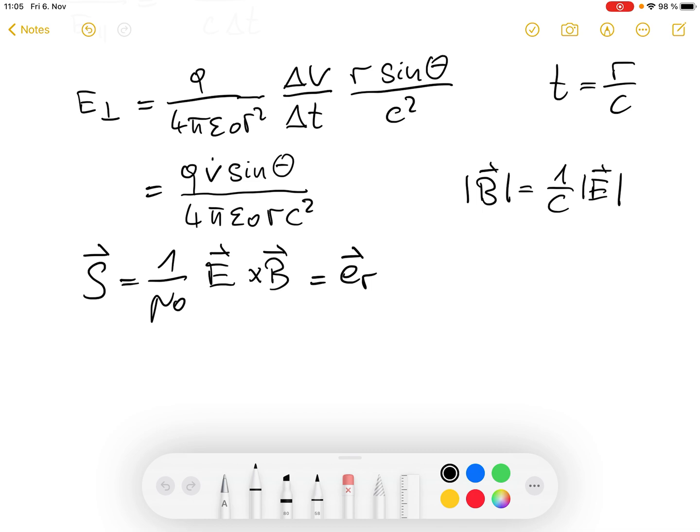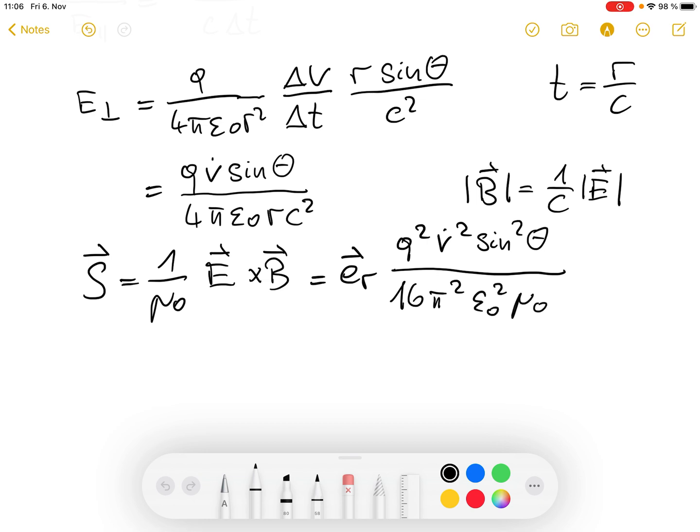We can now collect all the terms, and basically with a 1 over c we just need to square the E field that we're having here. So we take q squared v dot squared sine squared theta divided by 16 pi squared epsilon 0 squared mu 0, and then we write c to the fourth. I get an extra c here from the equation for the magnitude of the B field, divided by r squared.